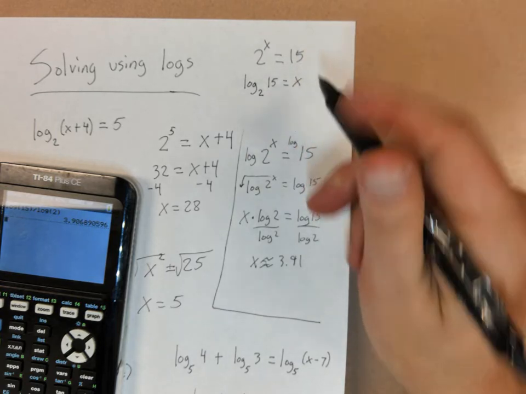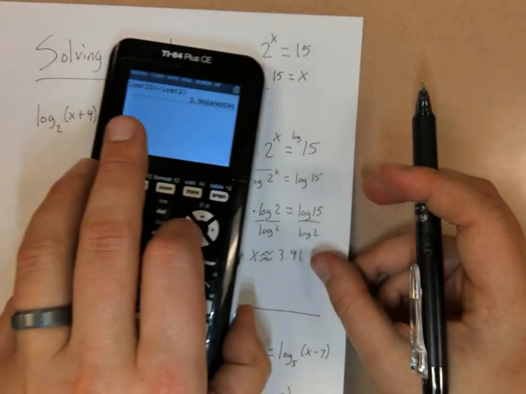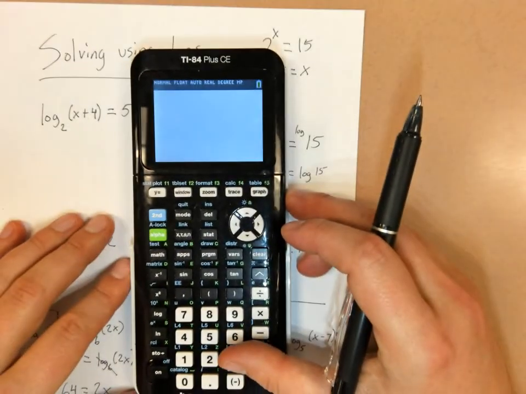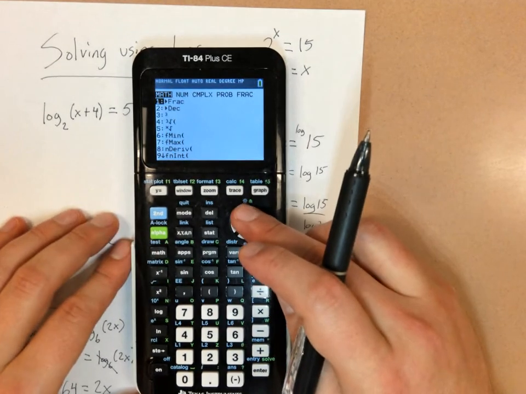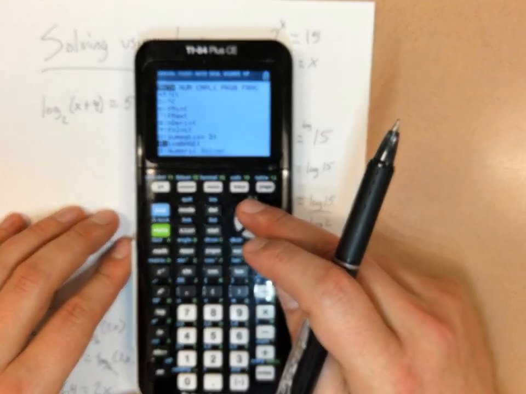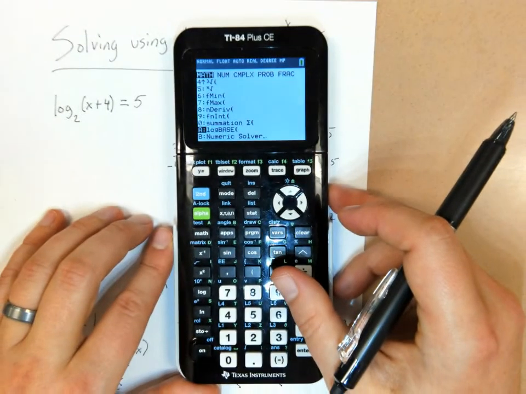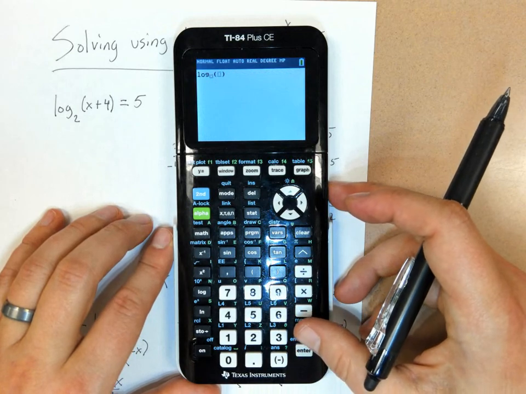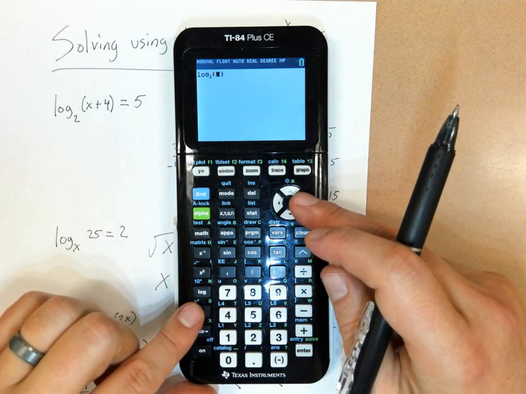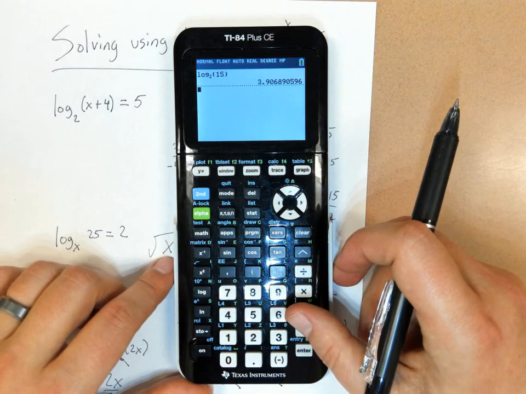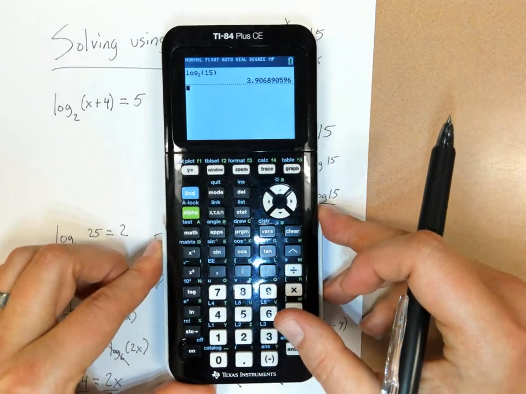Now it's just, can you type this into the calculator? To find log base, if your calculator has it, you can press math, use the up arrow, and you should see at the bottom there, log base. If you press enter on that, I'm able to enter in base 2 and then the log of 15. I end up with the same thing, the 3.91 that we had before. So that's just another way of solving that same thing.